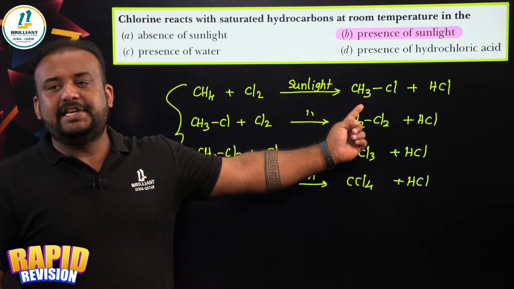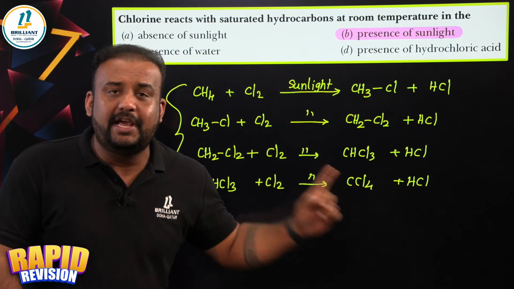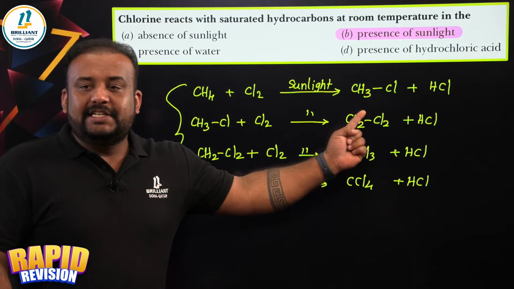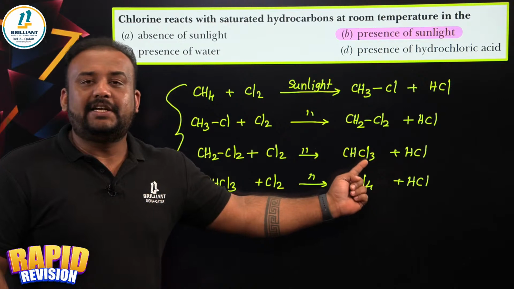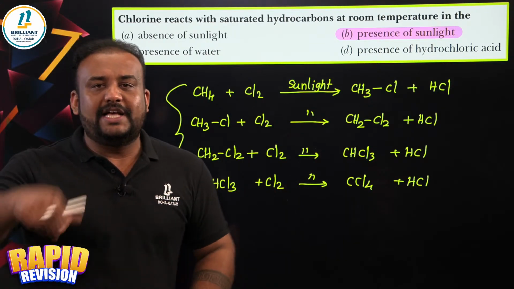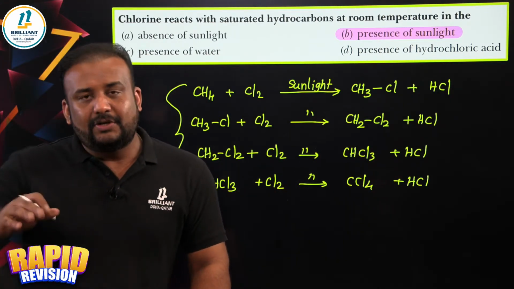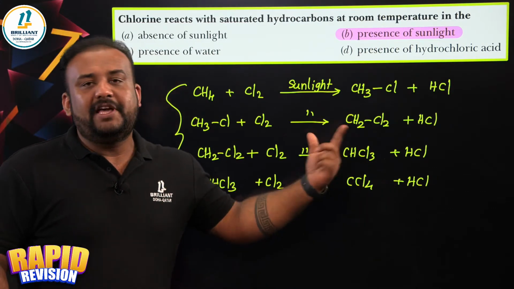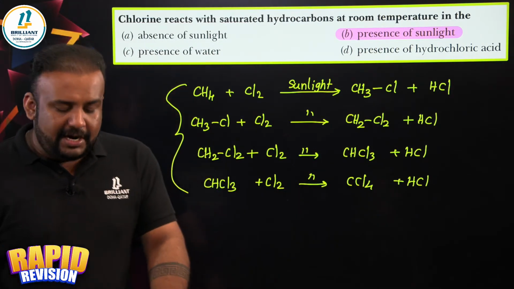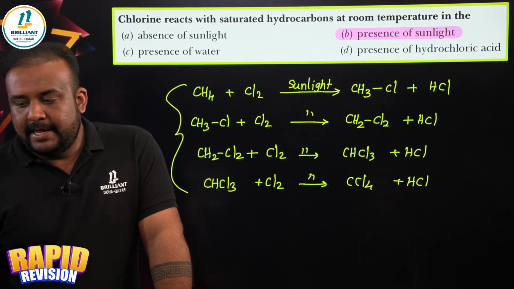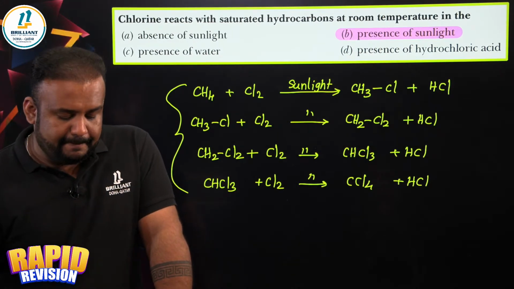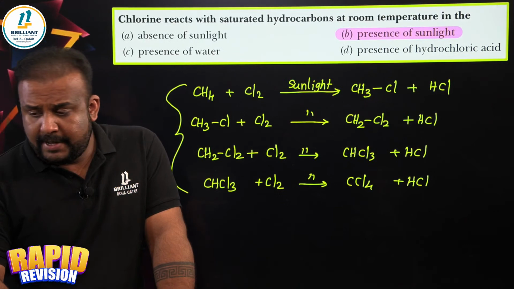The first compound is CH3Cl, which is called chloromethane. Second one is dichloromethane. Third one is trichloromethane, which is also known as chloroform. And then we have CCl4, which is carbon tetrachloride. So the answer is B. Clear?